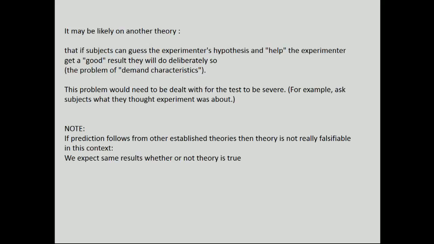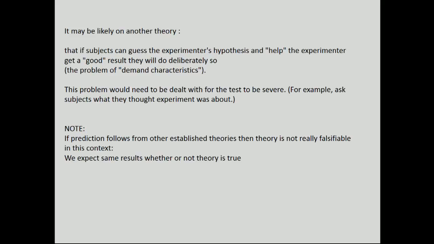So let's say I'm a subject, and I notice that in one condition the words are all to do with success, and in another condition they're not, and I'm given a crossword to do. I might say, well, I know what this experimenter wants. He wants me to work harder after I've been flashed words to do with working hard and achieving things. In other words, the subject might work out what your theory is.